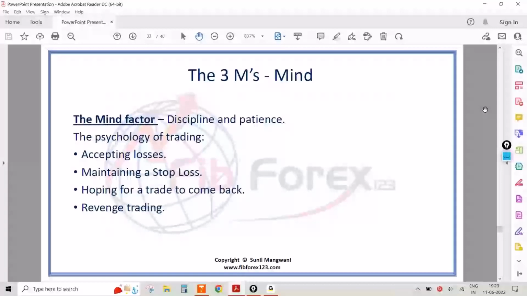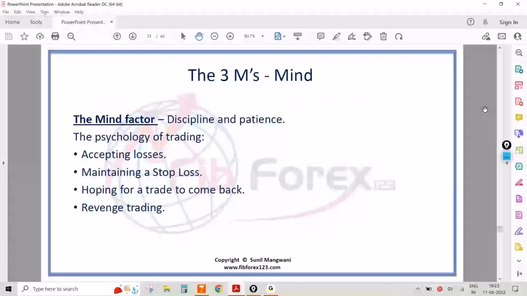So the mind factor is a skill which has to be developed like your technical analysis skill. And this comes from experience, nothing else. It's what I call the school of hard knocks. You have to take losses, understand it, see where you're going wrong, and get yourself prepared: this is where I'm going wrong, I am not going to do this from next time onwards. It's human nature.